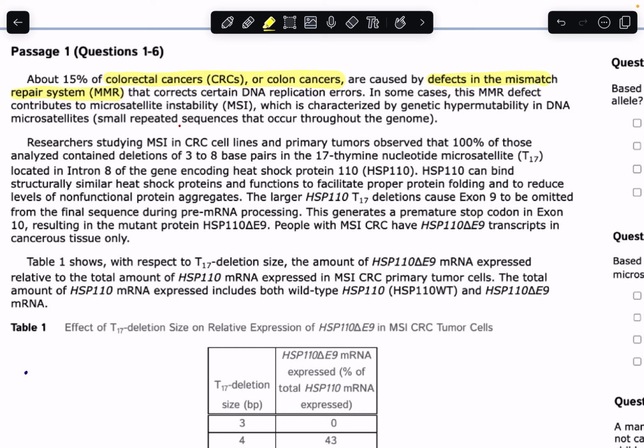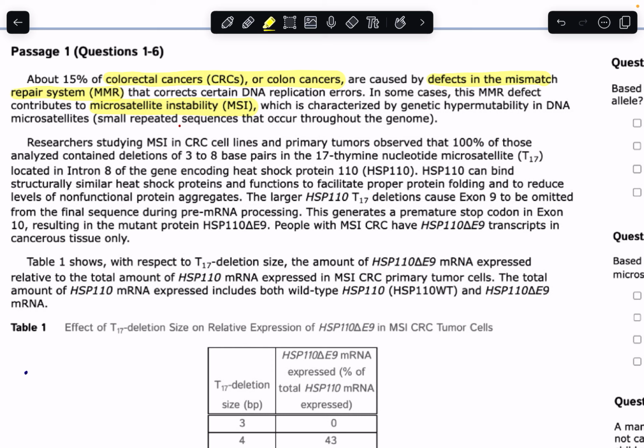All right, okay, so the mismatch repair system, MMR, corrects certain DNA replication errors. The first sentence is very straightforward, telling us that defects in this DNA replication error correction system, MMR, can cause colon cancers, right? In some cases, this MMR defect contributes to microsatellite instability, MSI, okay?